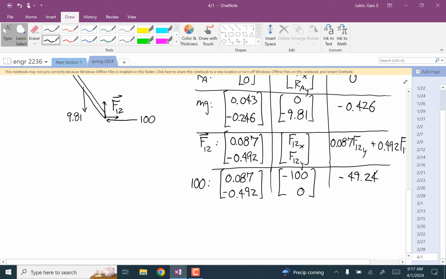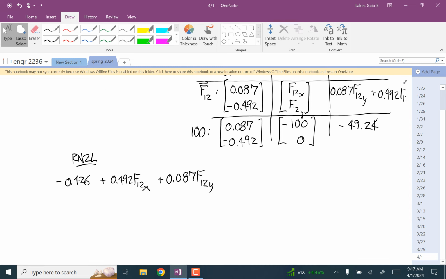No. So the moment equation says negative 0.426 plus 0.492 F12x plus 0.087 F12y minus 49.24 is equal to 0.083 repeating times alpha 1.